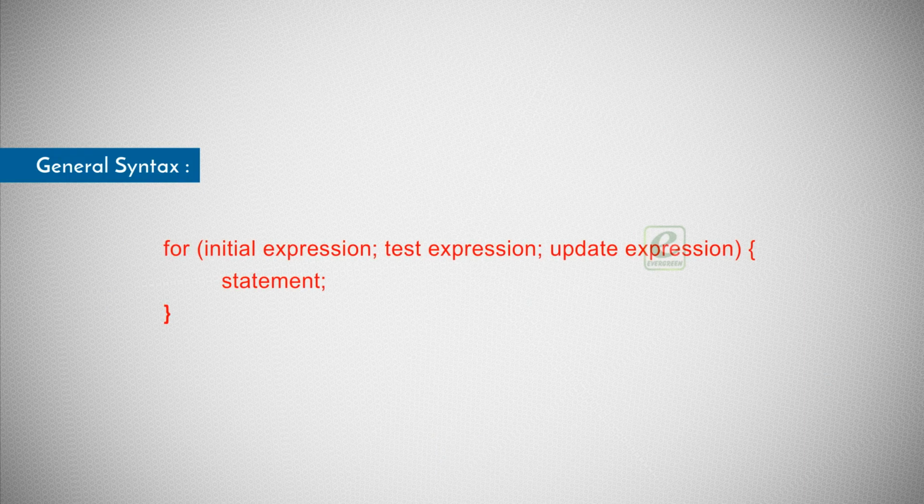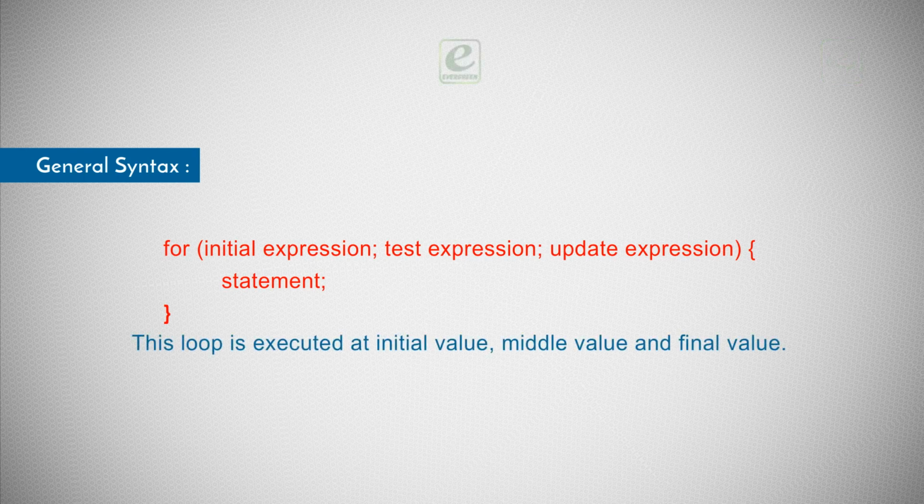General syntax: for, within brackets, initial expression, semicolon, test expression, semicolon, update expression, bracket closed, curly brace open, statement, semicolon, curly brace closed. This loop is executed at initial value, middle value, and final value.